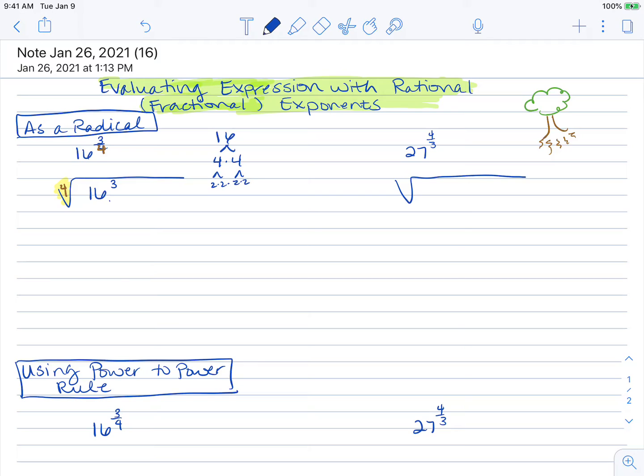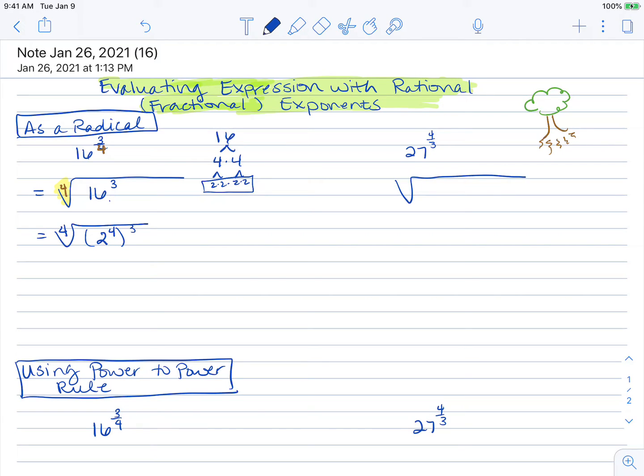And I can rewrite this whole thing again and say I've got a fourth root of something to the third, and that something is 2 times 2 times 2 times 2, which is really 2 to the fourth. Okay, so these are the same.